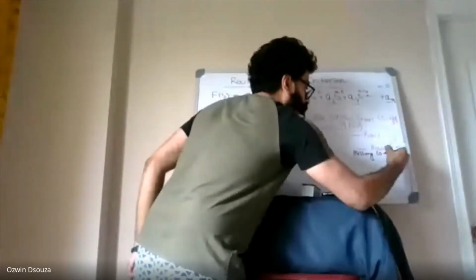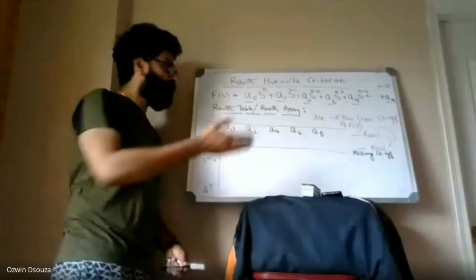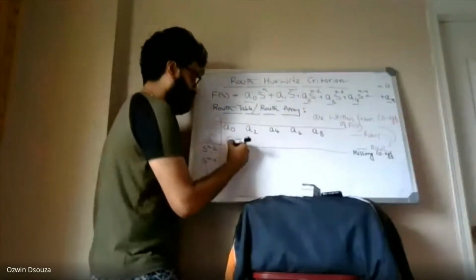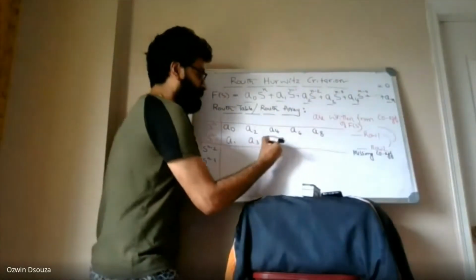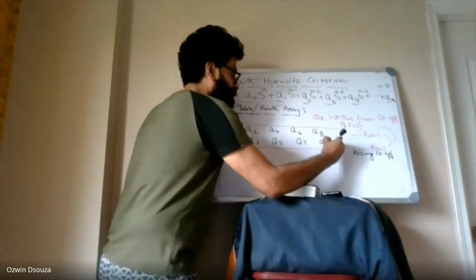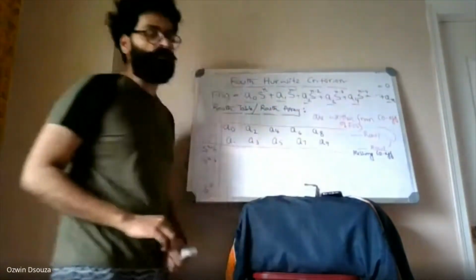And in the second row, that is row 2, write down the missing coefficients. Missing coefficients are those coefficients which are not found in row 1. So what are those? A1, A3, A5, A7, A9, so on and so forth.